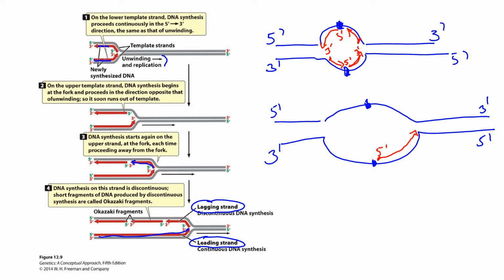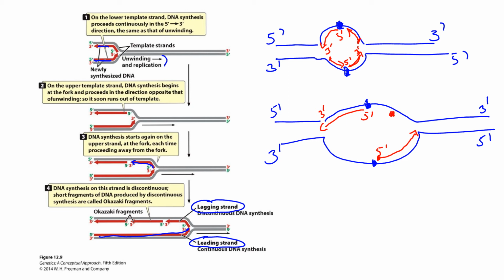The same will apply for this strand on the second template. It can continue from 5 to 3 prime. So basically, did you realize that leading strands are found on both templates? What about the second one? Here we had a primer and 5 to 3 prime synthesis as the replication fork unwinds.